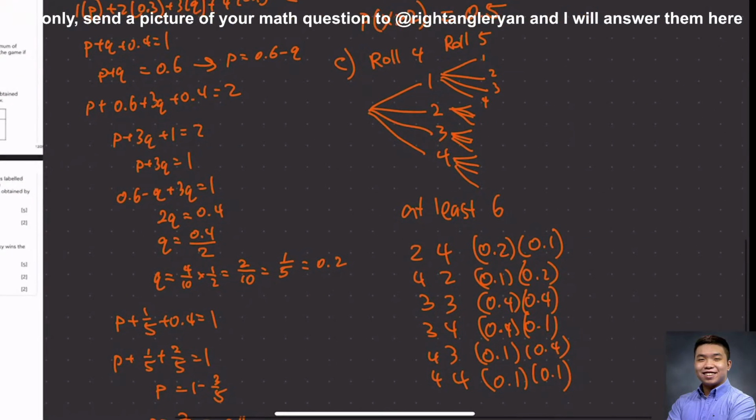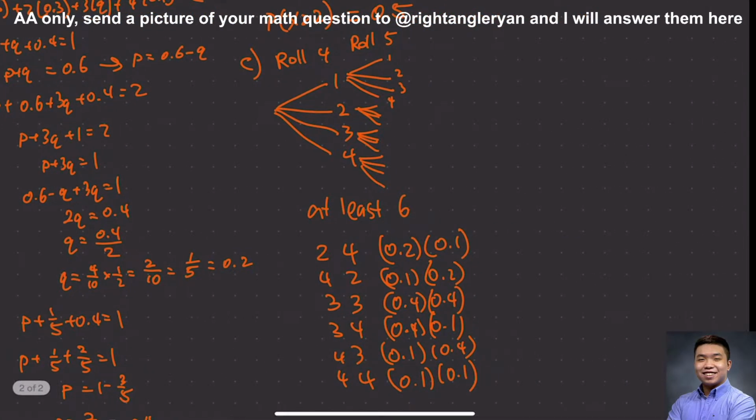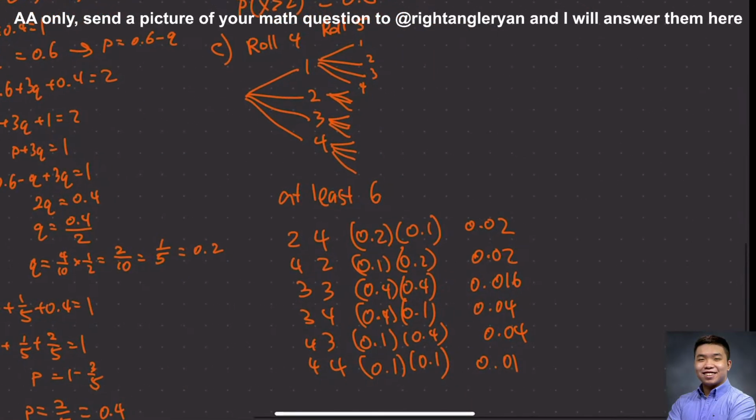So now this will be 0.02, 0.02, 0.16, 0.04, 0.04, and 0.01.